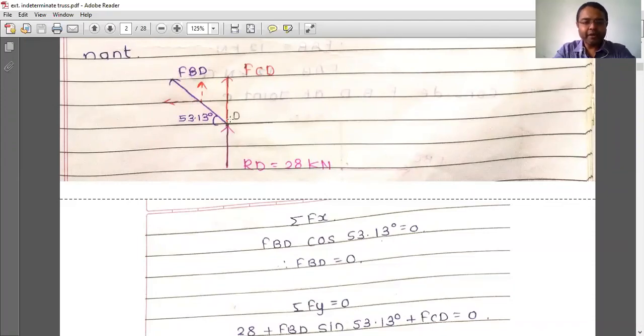So at joint D, this FCD, that is the force in member CD, and the force in member BD are the unknowns.